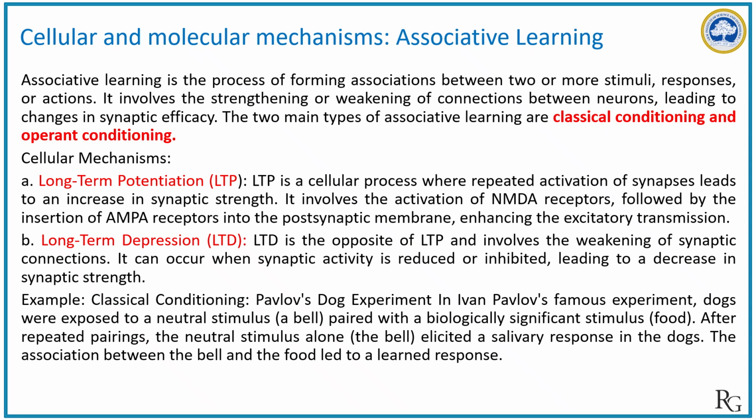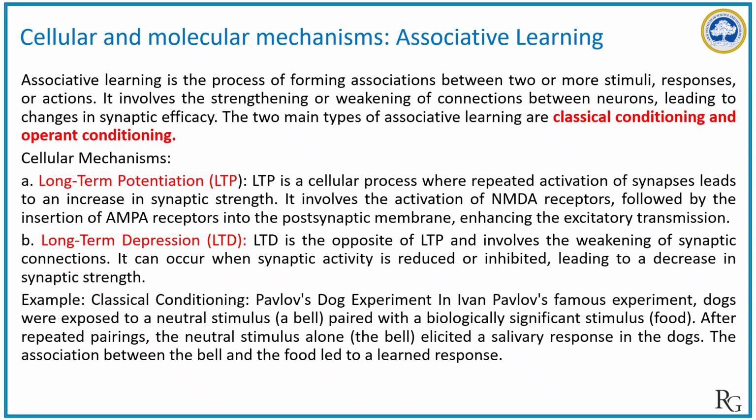So at the cellular level, associative learning relies on changes in synaptic strength between the neurons. There are two key mechanisms that take place. The first is long-term potentiation, that is LTP, and the second one is long-term depression, that is LTD. In long-term potentiation, repeated activation of a synapse strengthens it.